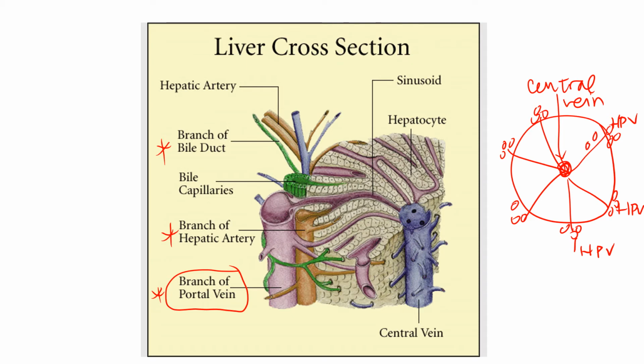Scattered all along these branches of the vessels are cells called hepatocytes. Okay, so what I'm drawing right now, these are cells called hepatocytes. All right, that's enough of them, right? Okay, so these cells here, hepatocytes.